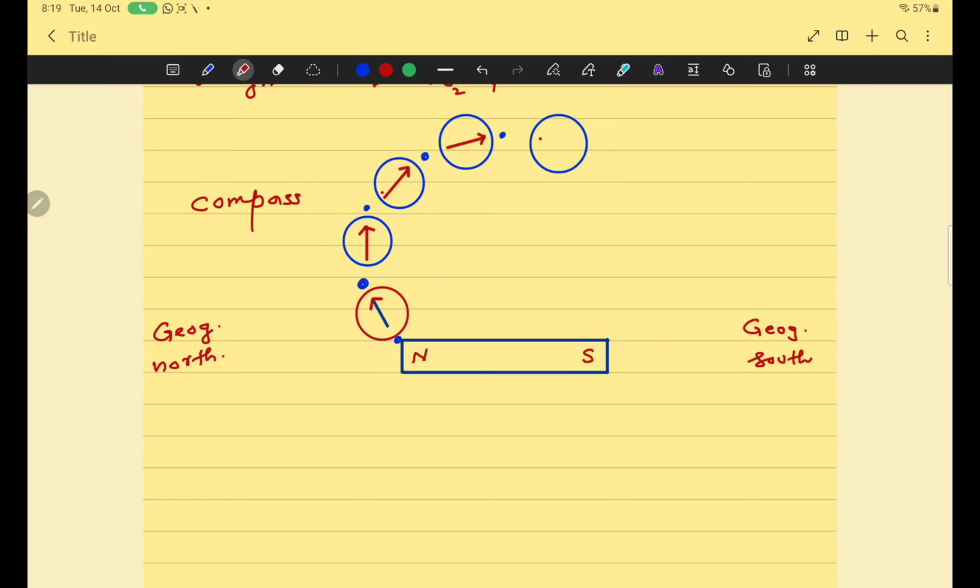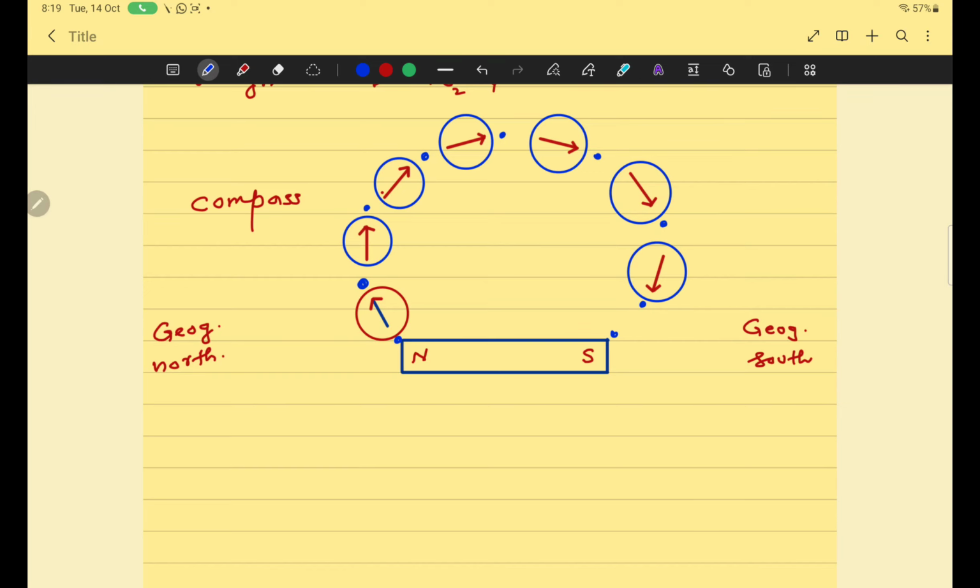Why? Because the north pole of the bar magnet repels the north pole of the magnet compass, and as you move the magnet compass in the forward direction, the direction of the pointer keeps on changing, and finally you have reached the other end of the bar magnet.